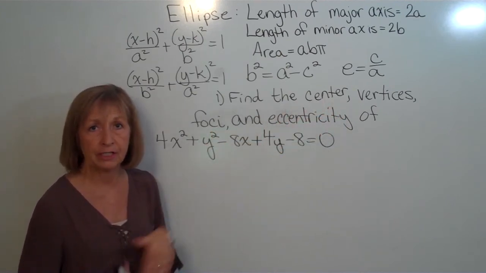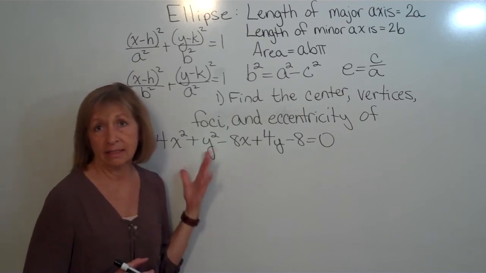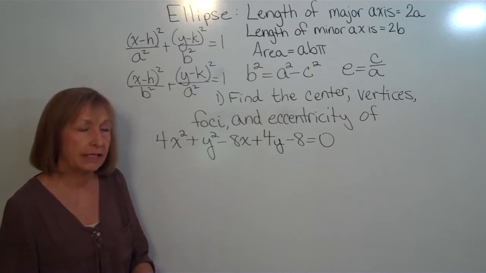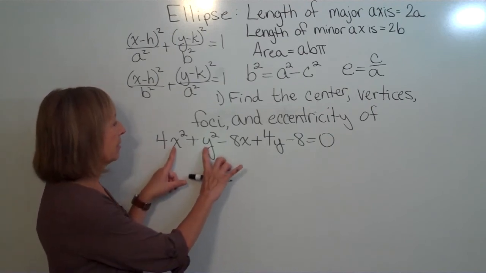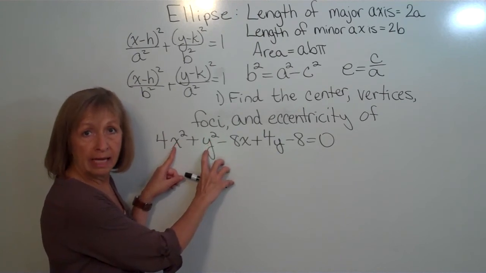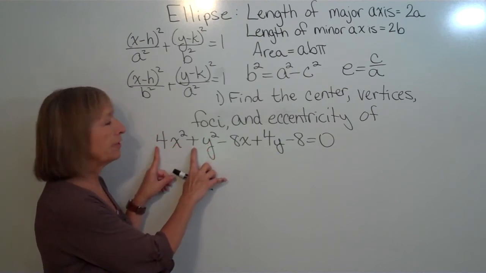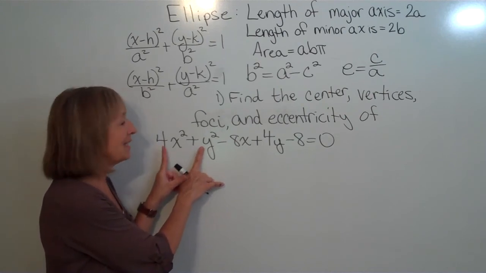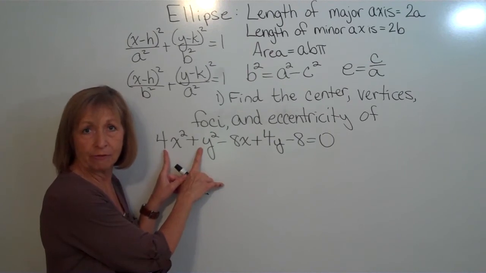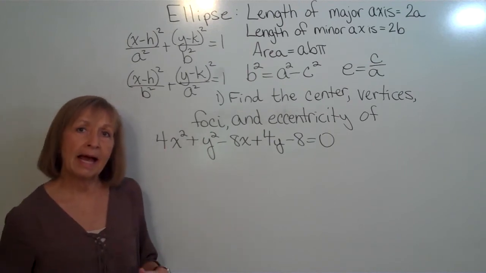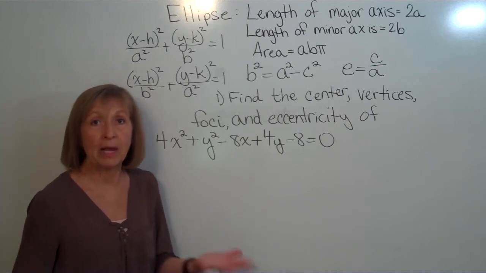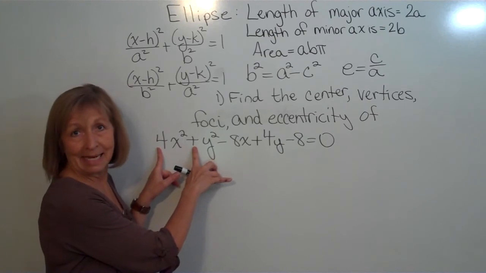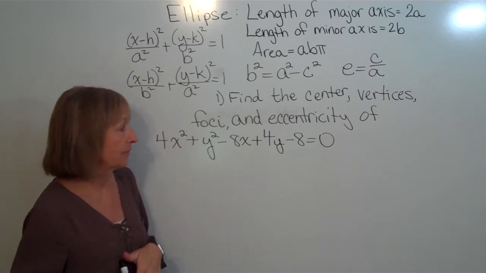When I look at this, as long as it's not a degenerate case, when the squared terms are on both the x and the y, and the coefficients have the same sign, so they're either both positive or both negative, but different numbers from each other, this is a 4, that's a 1, that's when you have the possibility of having an ellipse. So both variables squared, sign is the same, coefficients are different, that's an ellipse.